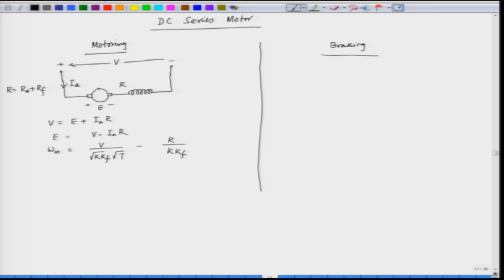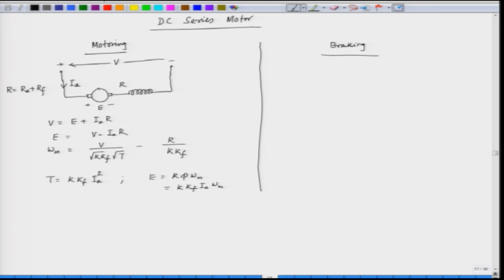So, here the torque equation is T is equal to k k f I A square, torque is proportional to the square of the current, and the back EMF E is equal to k phi omega m, that is equal to k k f I A into omega m. So, this is the motoring of a series motor.